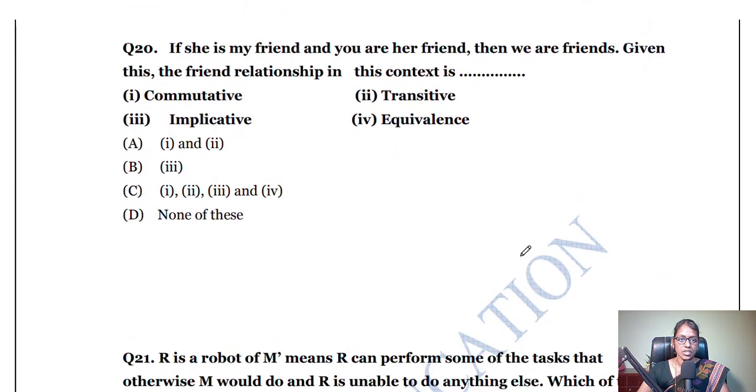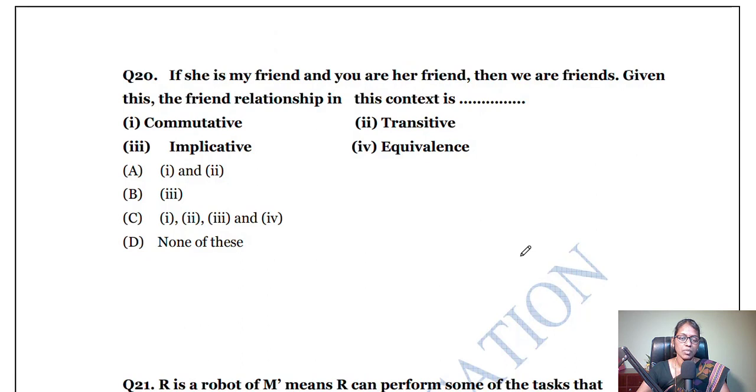The next question is, if x is my friend, and you are her friend, x's friend is y, and I, z, consider x my friend, then we are friends, then z and y are friends.